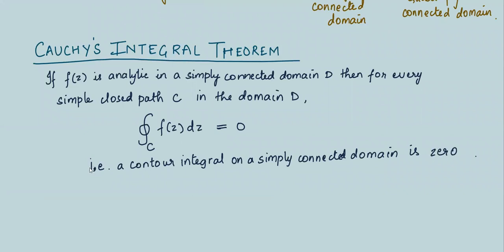This is a very important result. That is why in the previous case, where we did an example, we got 0. We will not go by the proofs of this. It is not required for us. There's a way by Green's theorem we can prove this, but it's not required for us.